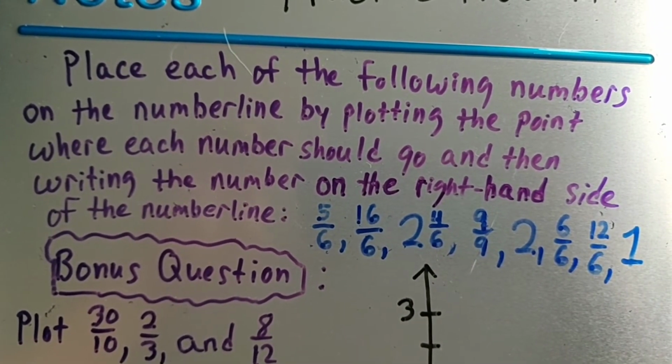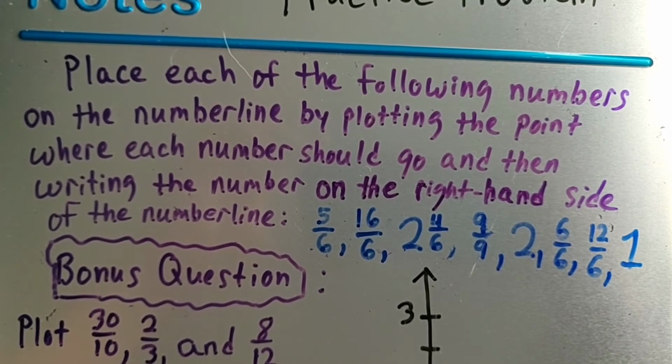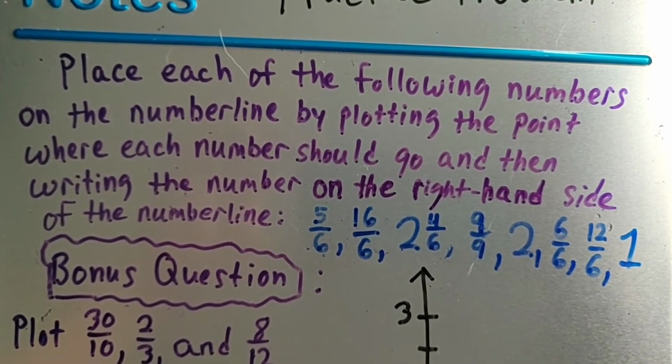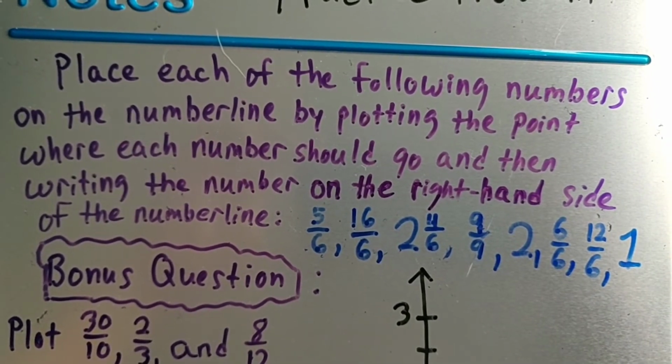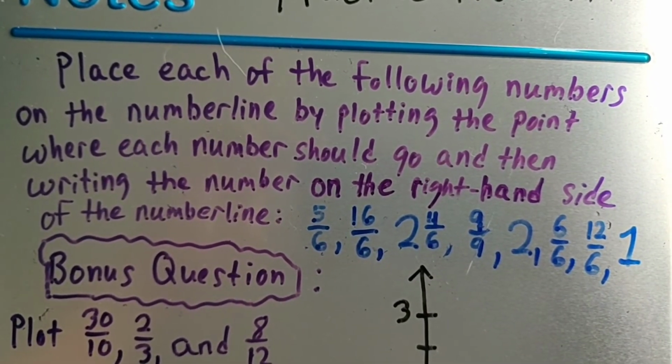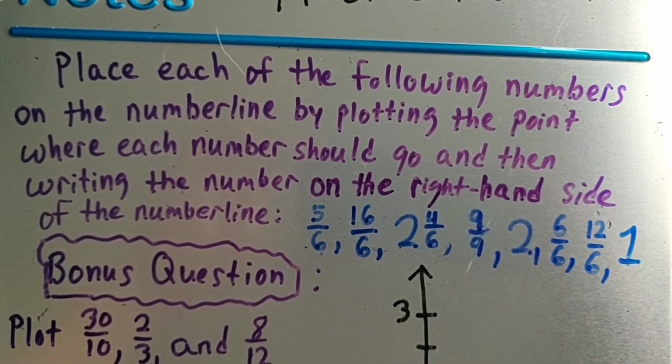So our practice problem says place each of the following numbers on the number line by plotting the point where each number should go, and then writing the number on the right-hand side of the number line.